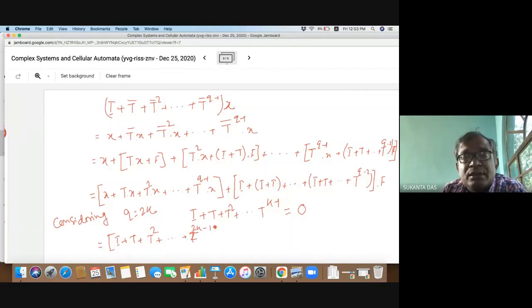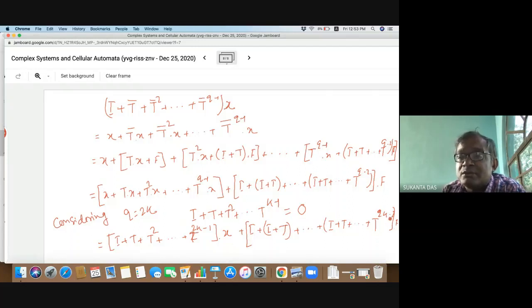This will be 2k into x, and here plus I plus t plus dot, I plus t to the power 2k minus 2 into f.